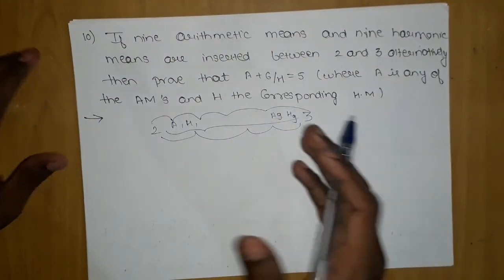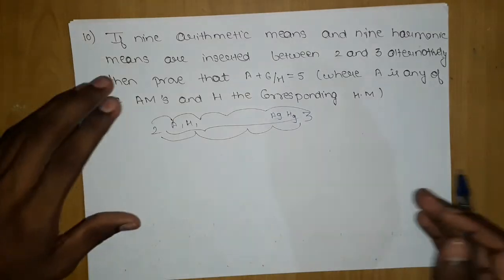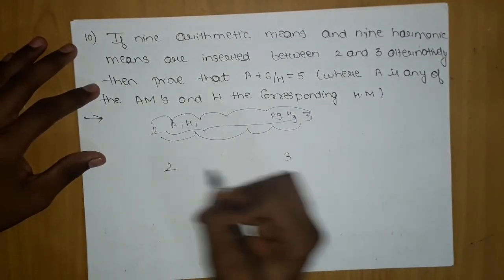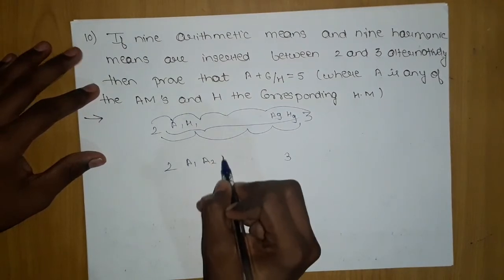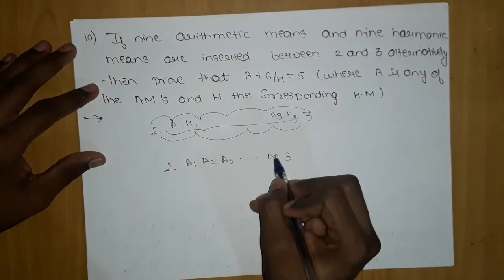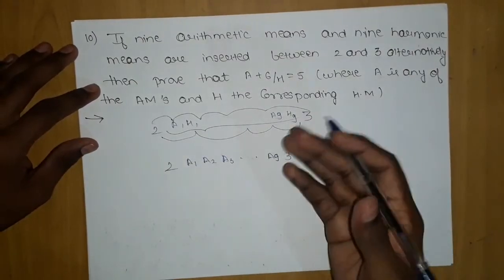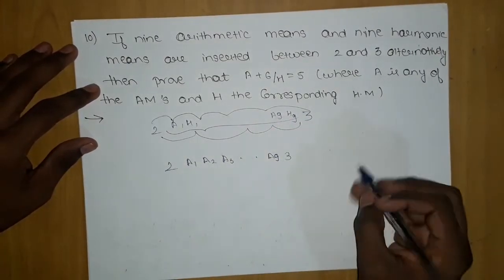We just ignore the alternate placement and take them separately, like 2 and 3 with A1, A2, A3 between. If they are placed alternately, there is no effect on the calculation. They don't change each other's values.